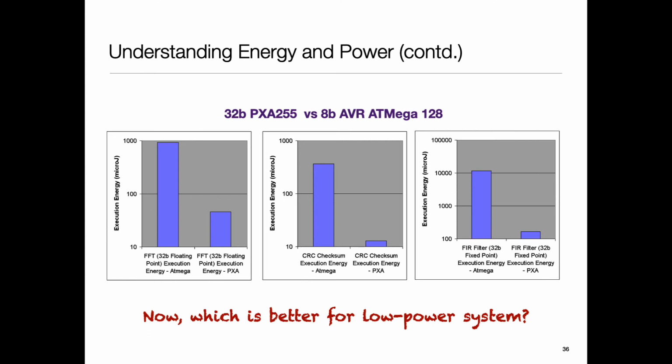So now I have 3 examples here: an FFT, a CRC, and an FIR filter. If you don't know what they mean, it doesn't matter. Think of them as reasonably complicated units of computation. On a log plot on the y-axis, you have execution energy.